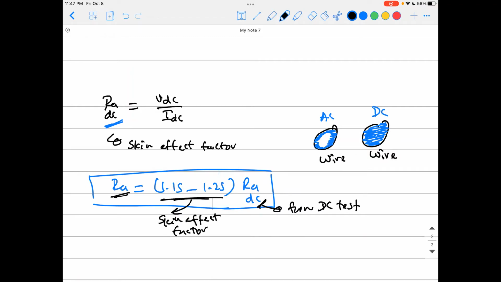So the real RA is just a little bit higher than the one you've measured by the DC test, okay? So if there's a problem in an exam or assignment, I will give you what skin effect factor I need. I will not just leave you with the range like this, okay? If it's not given, you just neglect it. That means it's not that necessary to include it at all.